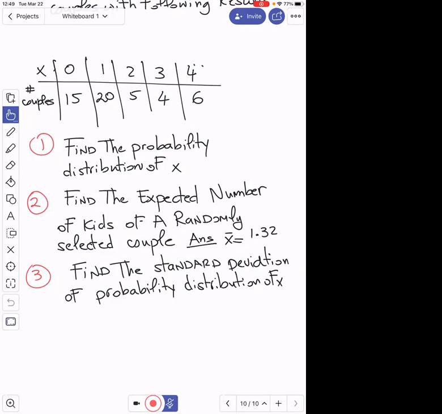So did anyone get the 1.32? Just to make sure that I have the right answer. Well, I think it's 1.32, but just make sure that my answer is correct.